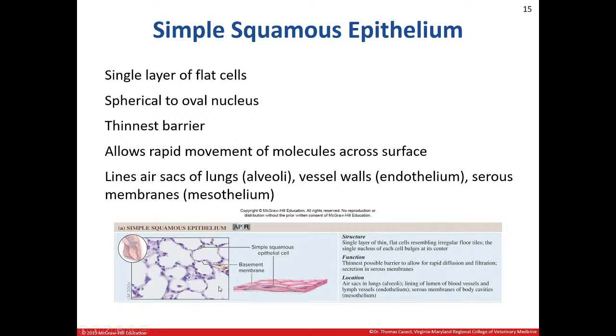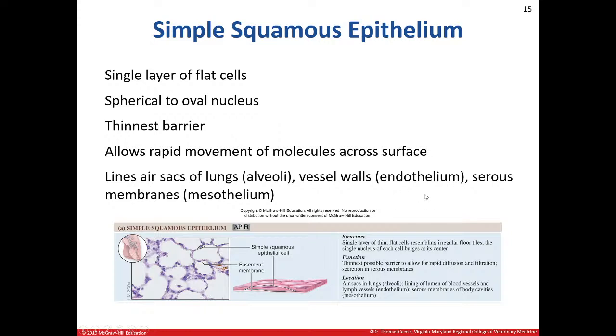CO2 is carried to the lungs by the blood. It is a waste byproduct that we have to get rid of, and so it will diffuse into the air in the lungs and then be breathed out very quickly. You also find simple squamous epithelium in the walls of blood vessels.